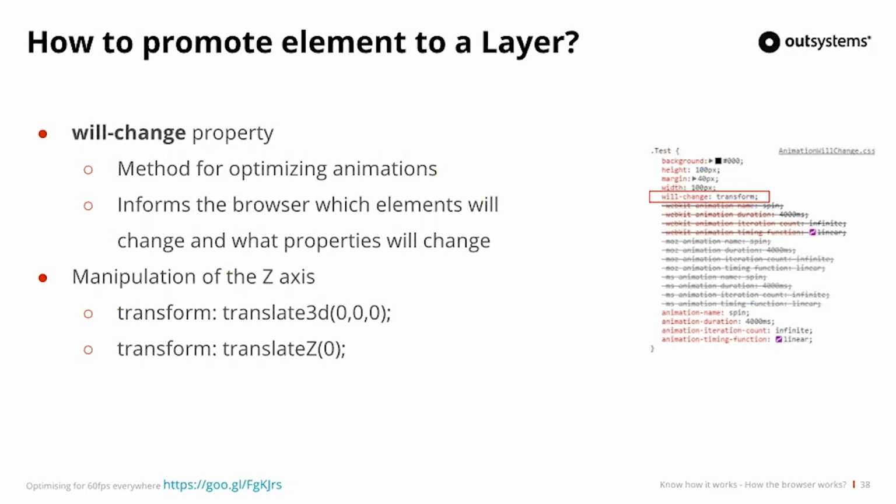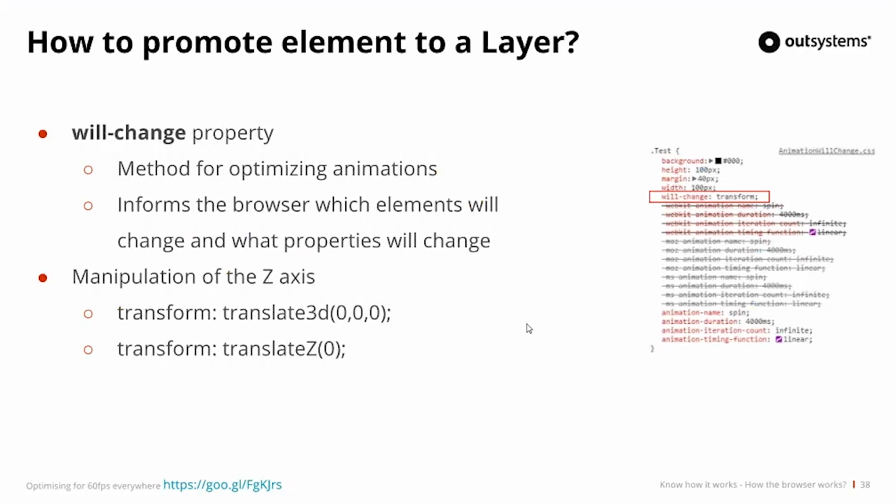So how can we do that? Well, we can use the will-change property, the method to optimize animations. It will inform the browser in advance which things will probably change in that element. So as you can see here, you can use it like this. But if you want, you can also manipulate the z-axis with translate3d and translateZ, and you'll have the same feature.